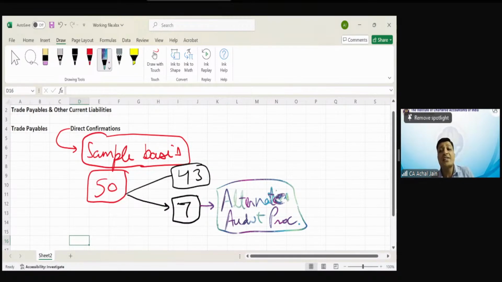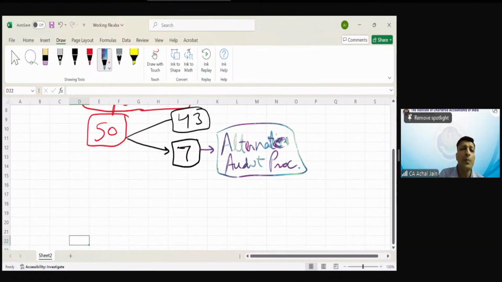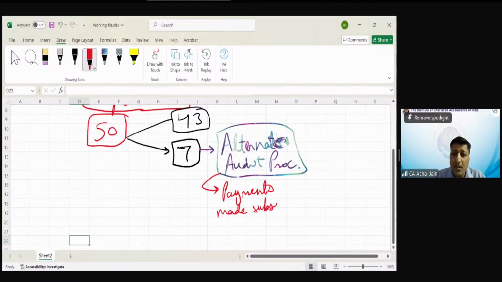Rohan says sales and payment checking. I think you are talking about purchases, correct? So you are saying, one, of course, the payments made to them subsequently. So that is one that will be checked. And second will be the purchase invoices or the supporting documents.